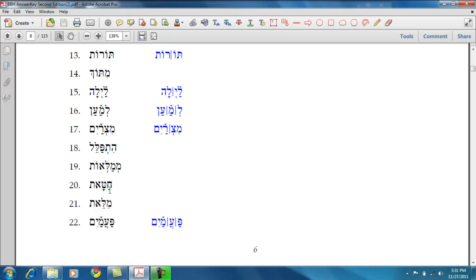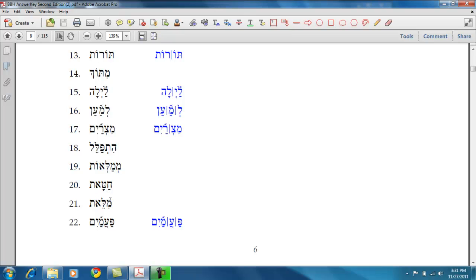Chet, patak, tet, and then the next syllable starts with tet, aleph, tav. It's just two syllables. Chat, tat. So chatat. That's how you pronounce it.